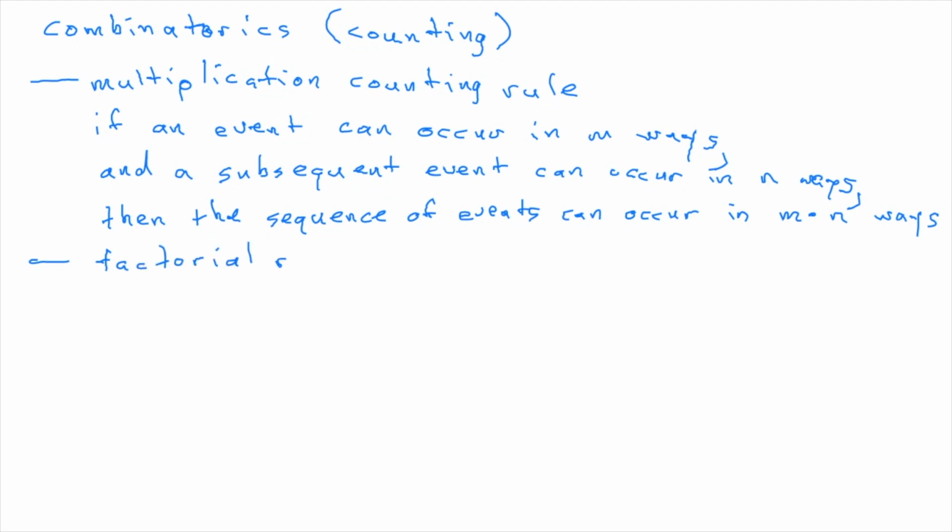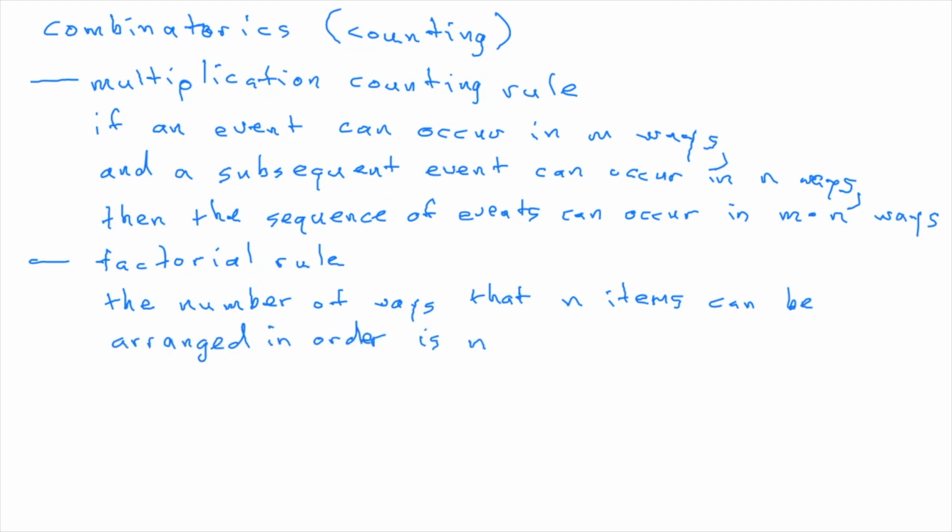I'll give you a little chart. So the factorial rule says the number of ways that N items, so for Fred's talent show, he had 5 acts, so N was 5, there were 5 acts that he needed to arrange in order, is N factorial.